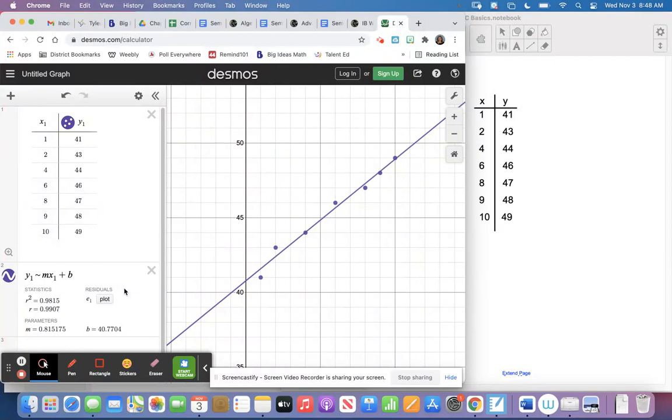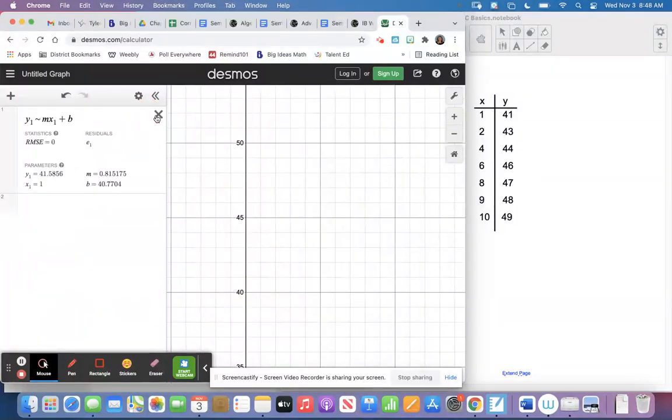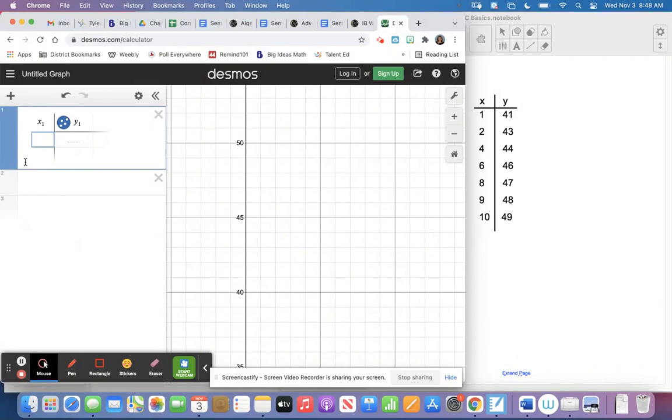So if I make up a different table here, if we get rid of that, and let's just say it was 3, 5, 7, 11, 13. Oh, whoops.